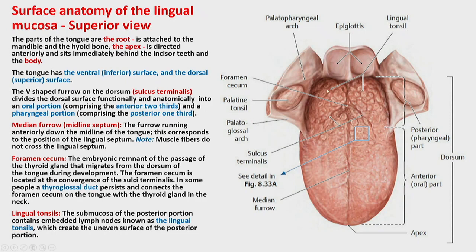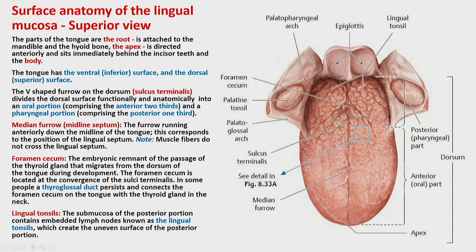Finally, in the pharyngeal part, or the posterior one-third of the dorsum of the tongue, you can see some lymphoid structures, which is why it is called the lingual tonsil. It has the same lymphatic structure as the palatine tonsil, which we said is between the palatoglossal and palatopharyngeal arches.